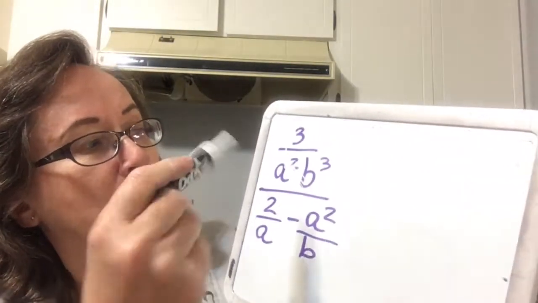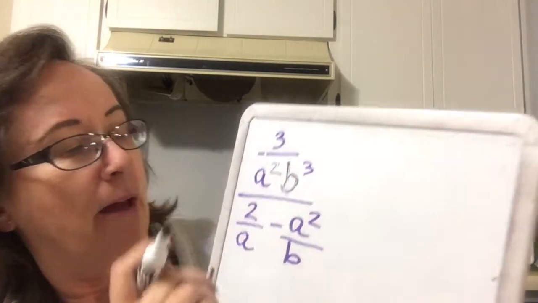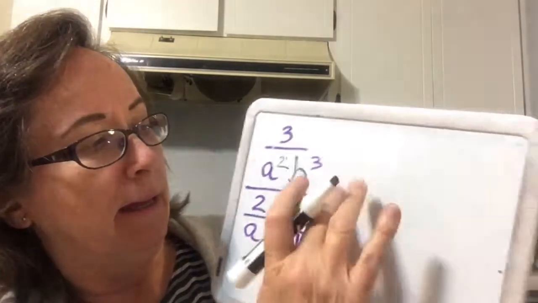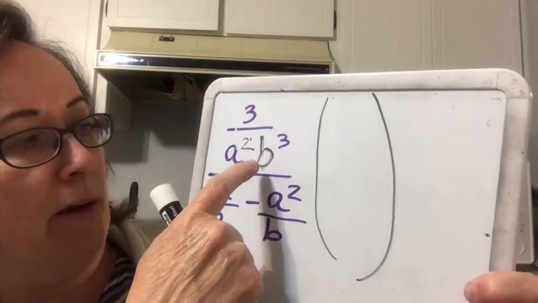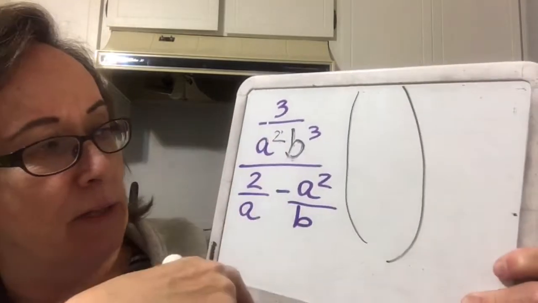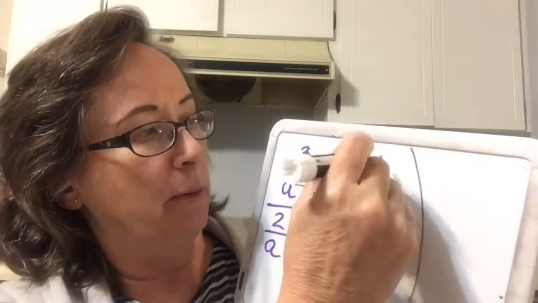In the numerator, we had, here, let's write that a squared. Okay, so we're going to multiply by a least common denominator. Now this denominator is a squared b cubed, and a down here definitely goes into a squared b cubed, and b also goes into a squared b cubed.